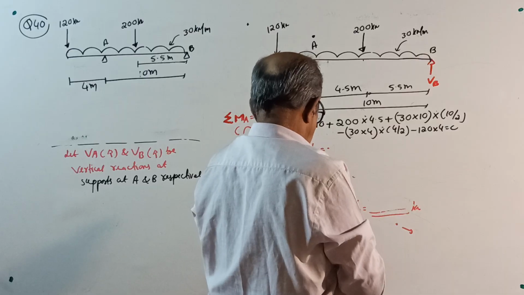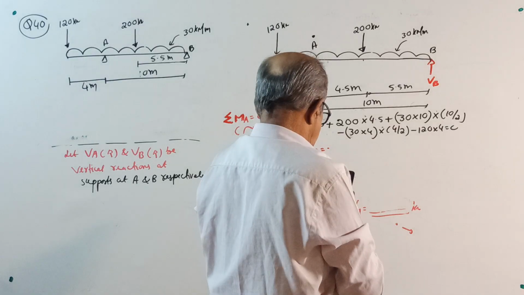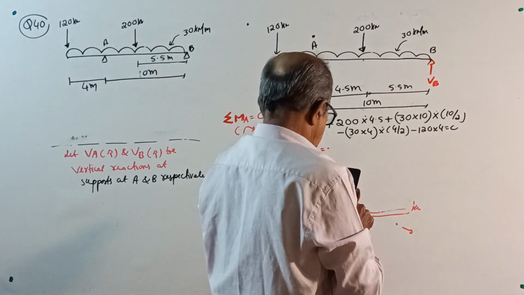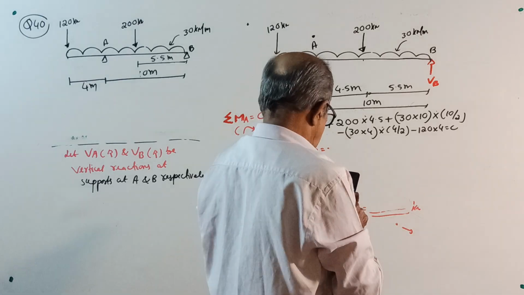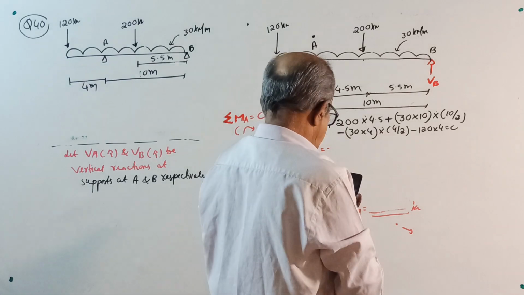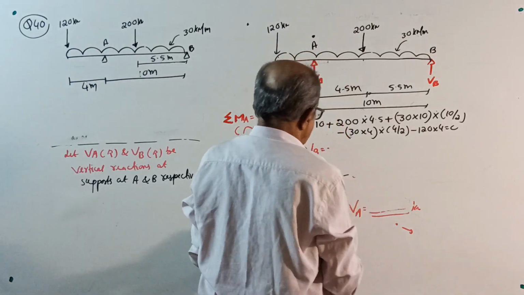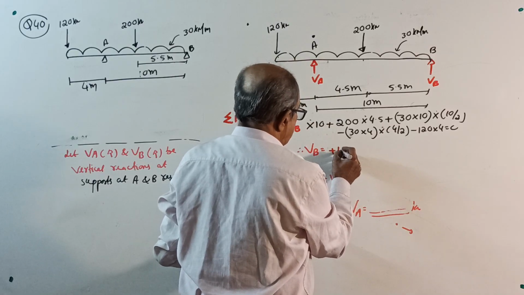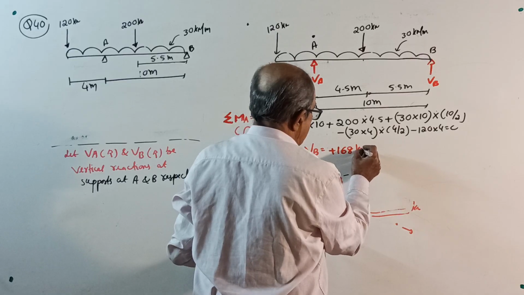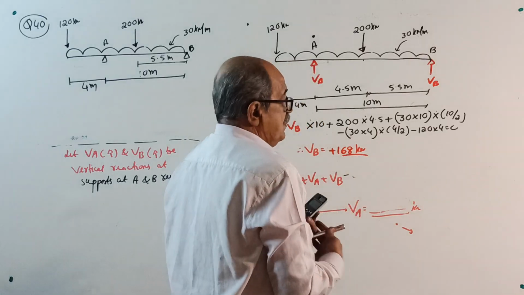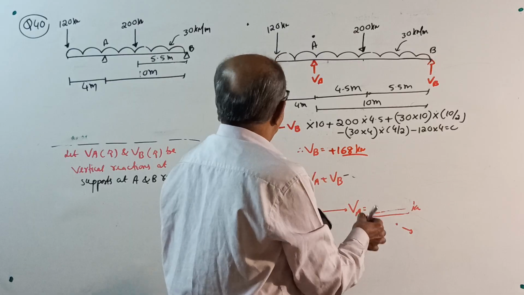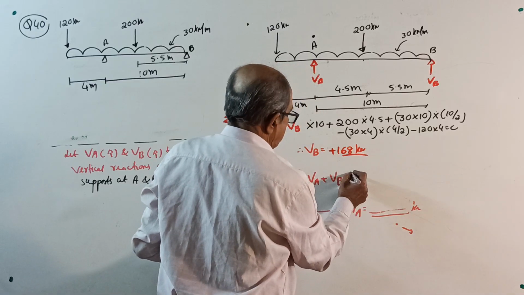200 into 4.5 plus 30 into 10 into 5 minus 30 into 4 into 4 by 2 minus 120 into 4 divided by 10. 168 kilonewton. VB will come plus 168 kilonewton. Sigma V equals 0, upward positive: plus VA plus VB minus 120.